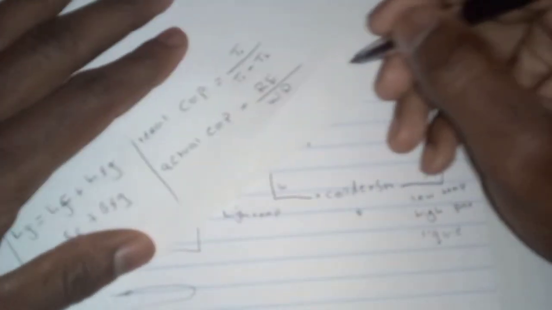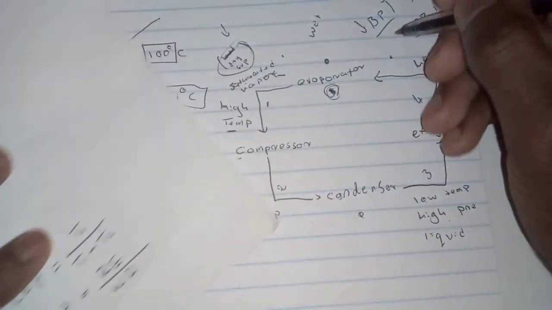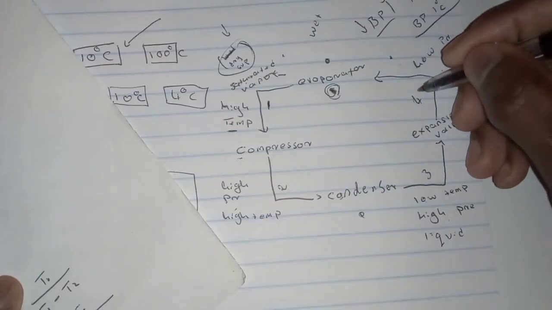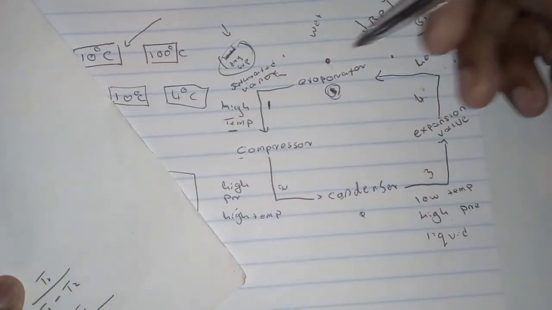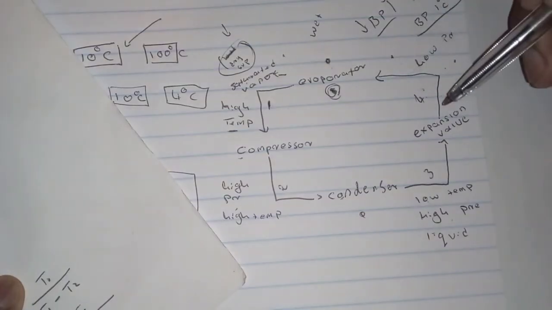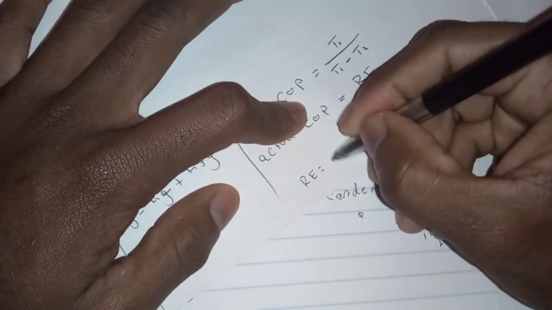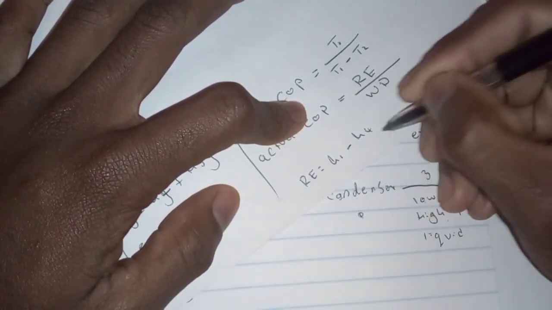So the refrigeration effect, RE, is the heat energy at this point minus the heat energy at this point. We want to get the energy that was absorbed by the refrigerant as it was passing through the evaporator, and that will be H1 minus H4.